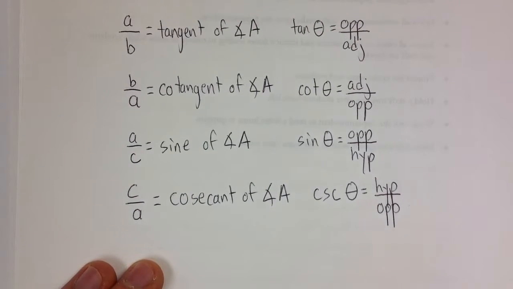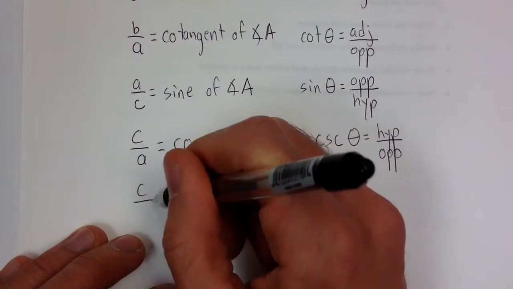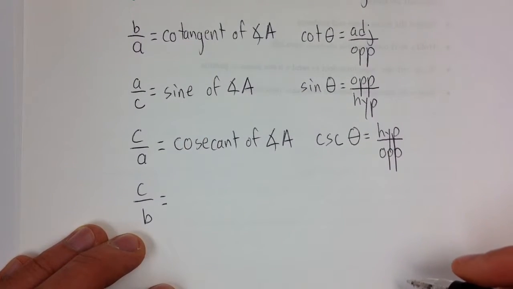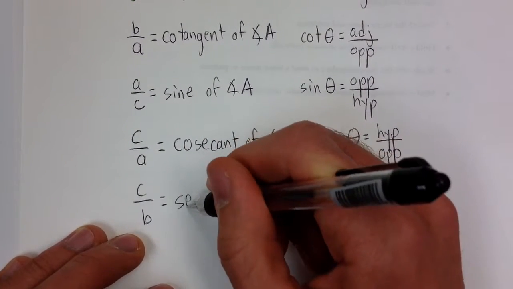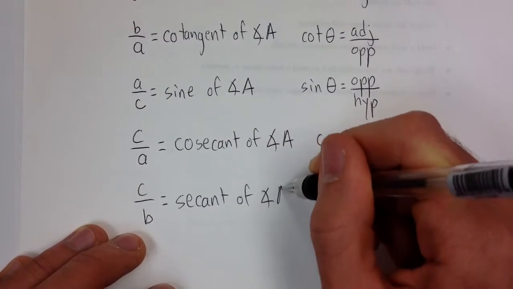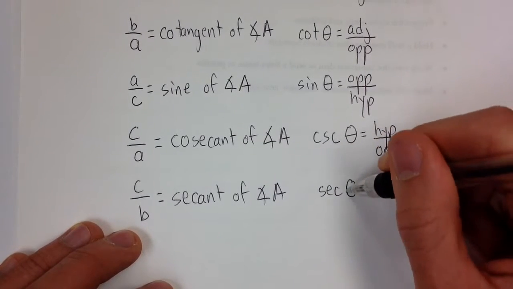We have two more. We can do C to B. This is called secant. And this is abbreviated SEC.